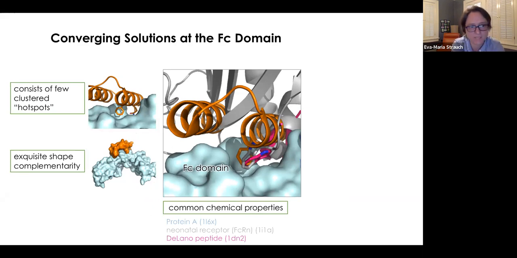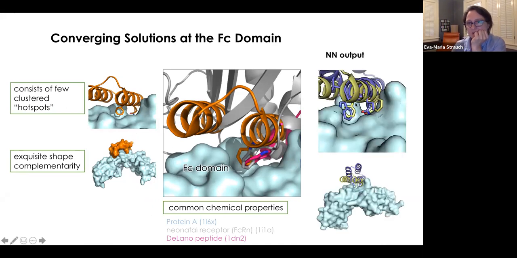And well, the shape complementarity, but what we started to see is that we also are really able to get these specific hotspot contacts. Similarly, as you see in those native interactions, so we are having converging solutions coming through our networks. So these are some design examples. So yeah, we're pretty excited about this, and hopefully can test some soon.